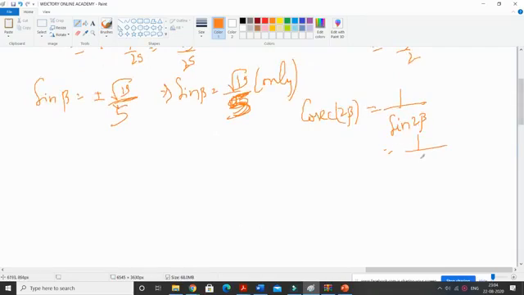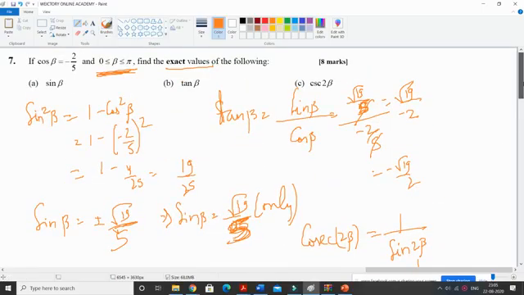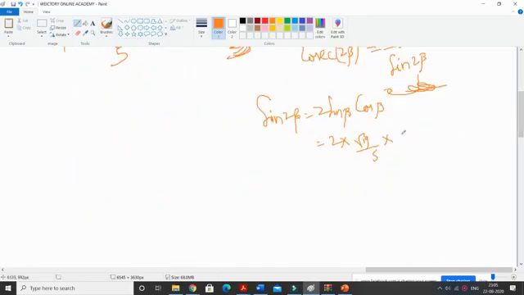So 1 over sine 2 beta. Let's solve sine 2 beta first, which is 2 sine beta cos beta. So 2 multiplied by sine, which is root 19 over 5, cos beta is minus 2 over 5, which will give you minus 4 root 19 over 25.